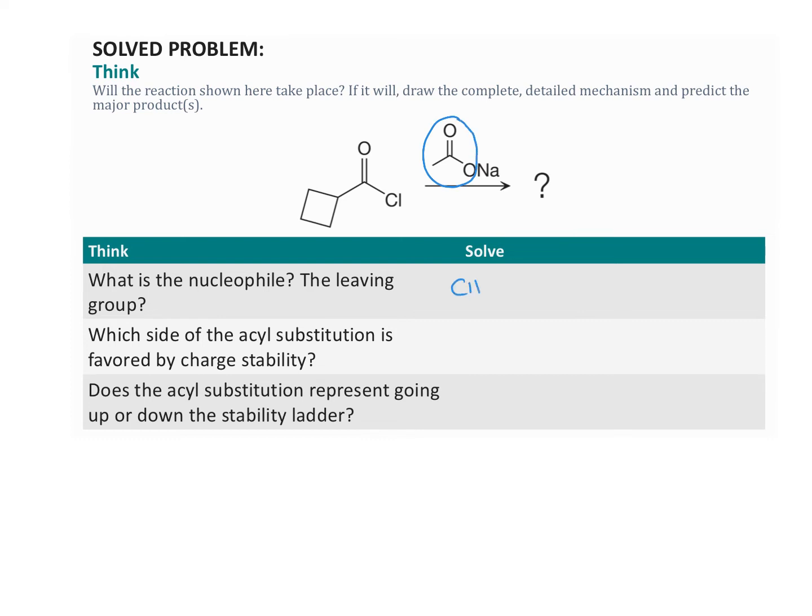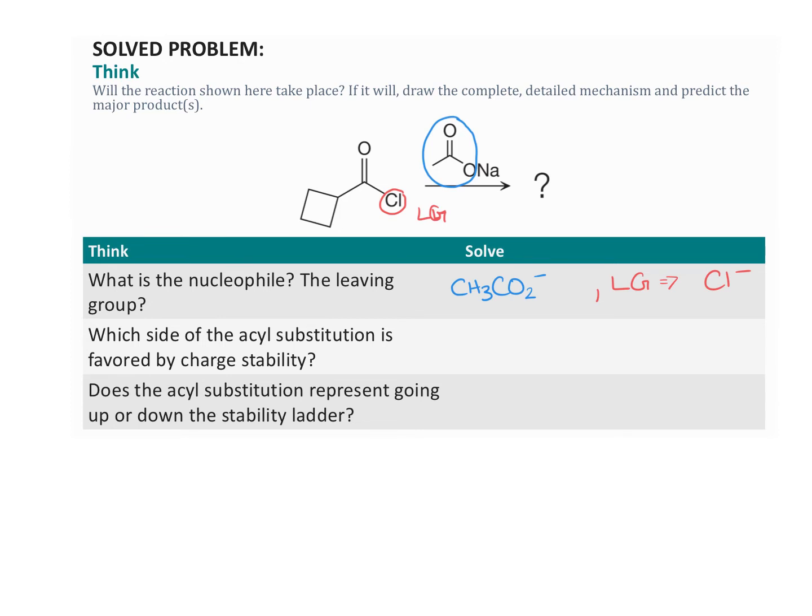So it's CH3CO2 minus. Okay, that's our nucleophile. And it's going to attack the carbonyl carbon in a nucleophilic addition step to produce the tetrahedral intermediate. And so the chlorine here is going to be our leaving group. And so the leaving group there is going to be Cl minus.